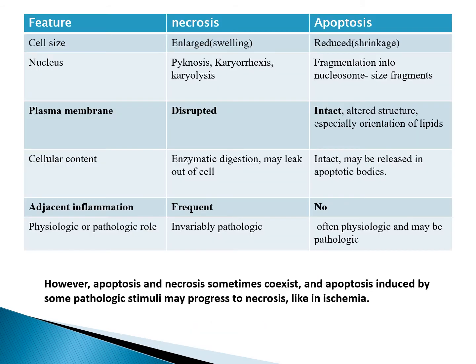This table is very important. It highlights the differences between necrosis and apoptosis as different pathways of cell death. The cell size is enlarged in necrosis due to swelling, accumulation of water, and here the cell size is reduced. We call it shrinkage.